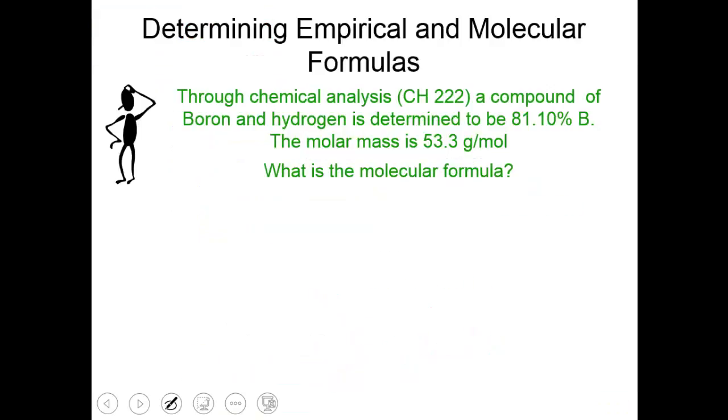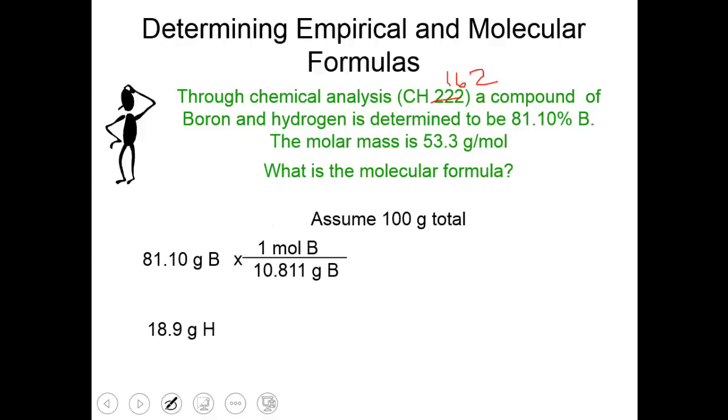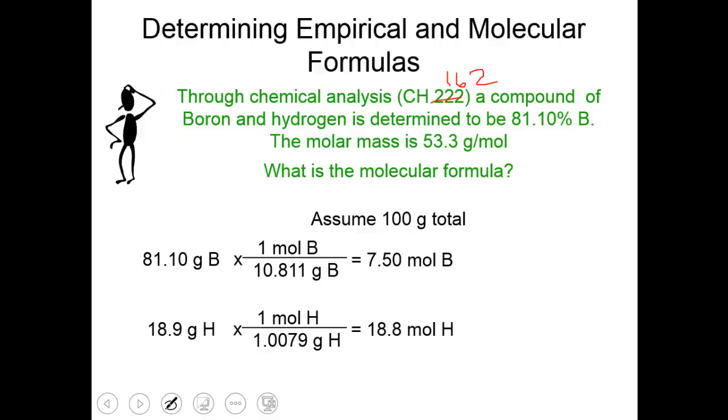Now, in 162, again, we've changed our numbers here. Here we've got boron and hydrogen. What is the molecular formula? As you're going through, I'm just going to put all of the answers up here, because again, you get everybody into grams, assuming 100 grams total.